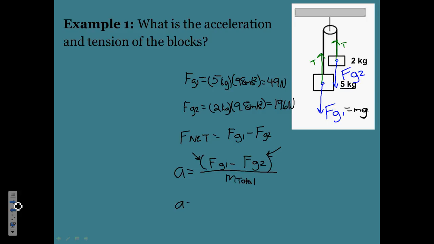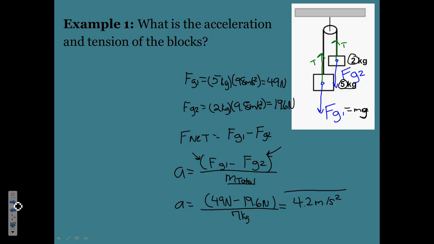So I'm plugging in. My Fg1 is 49, my Fg2 is 19.6, all divided by the total mass. So I have to add 5 and 2, which gives me 7 kilograms. And when you do this, you should get 4.2 meters per second squared.